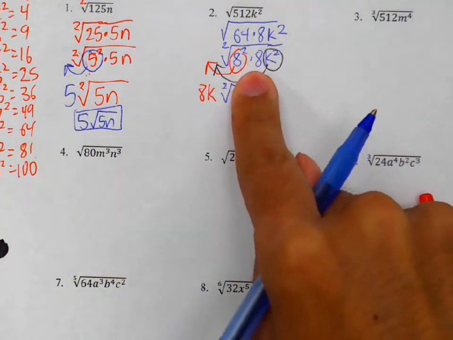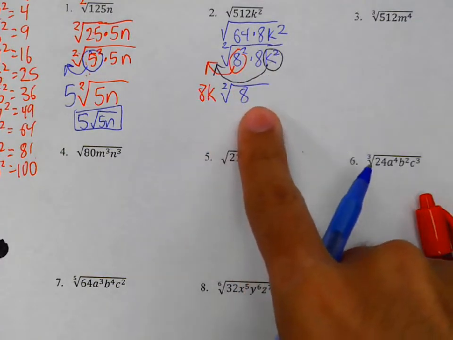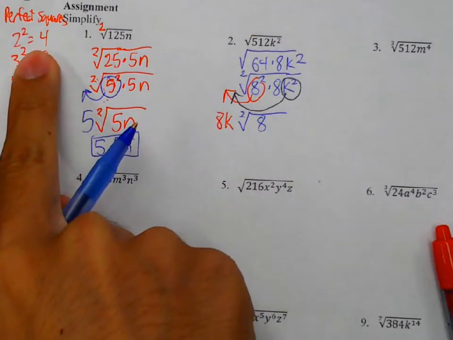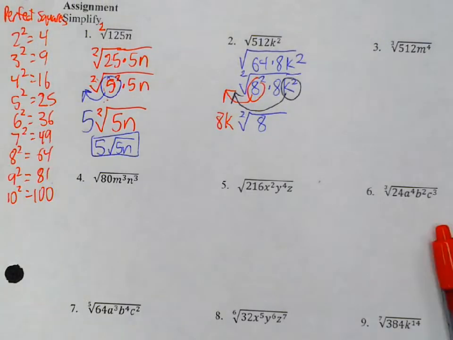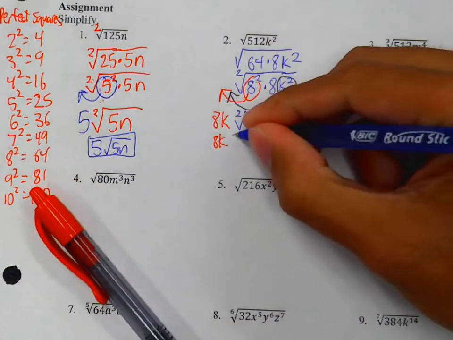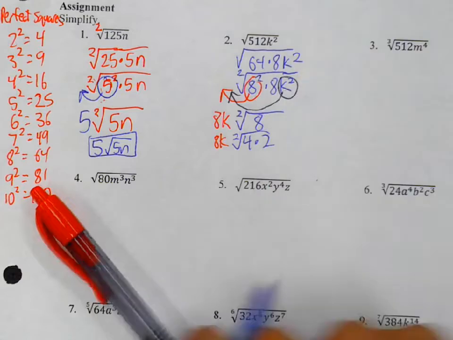This one did not get taken out, but I'm actually not fully simplified yet because 8 has a perfect square hidden in it. Right? 8 is equal to 4 times 2. And 4 is 2 squared.